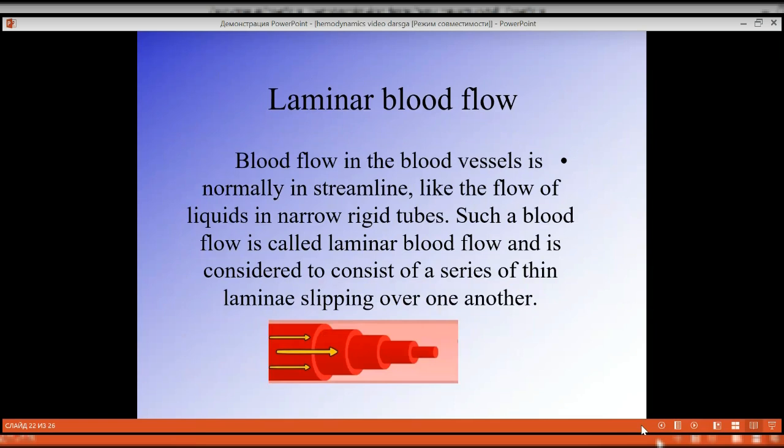Near the endothelium, it will be low velocity, and in the center high velocity, because of the blood composition. Near the endothelium, the plasma part circulates, and in the center the formed elements.